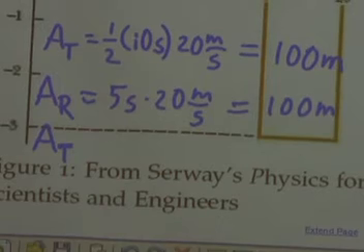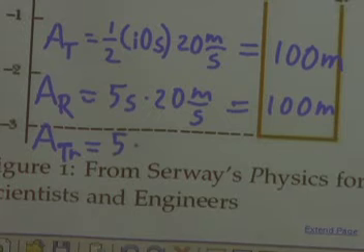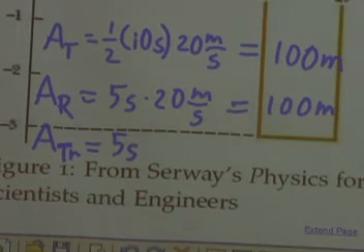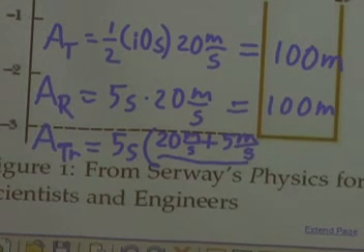me call it TR, okay, is equal to the width of the base, 5 seconds again, times the average height, which would be, it begins at 20 meters per second, and it goes down to 5 meters per second. Again, although my drawing does not reveal that so clearly, that is a straight line. That red line should be a straight line.